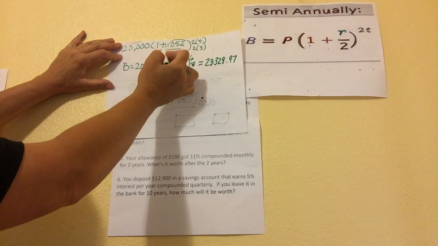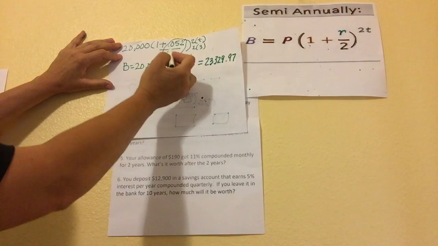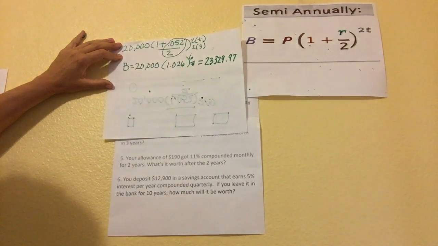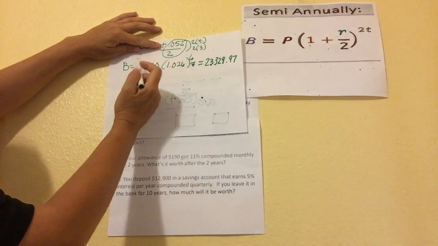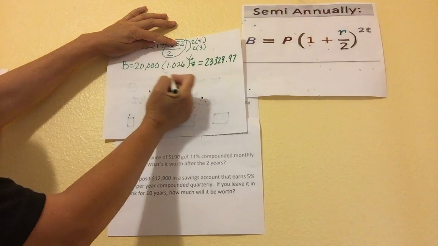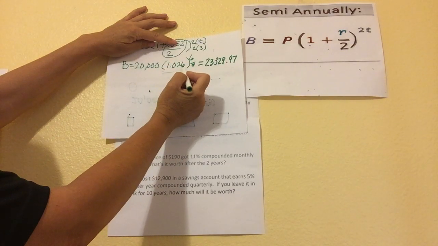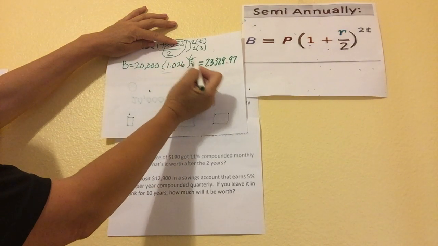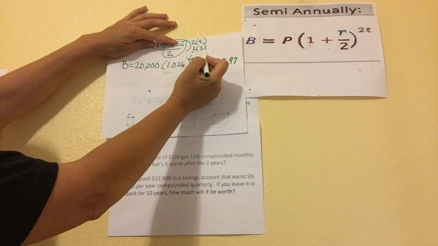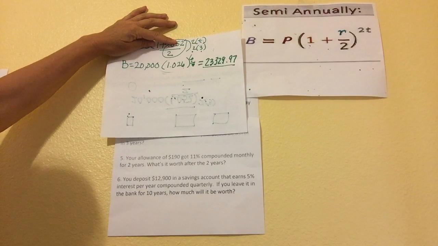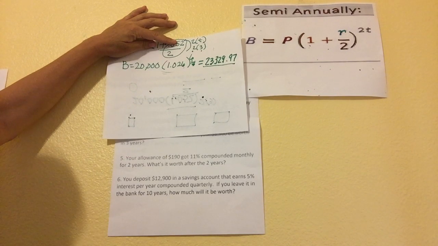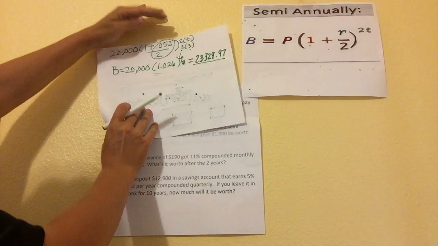And then remember this part goes before adding the 1. Okay, division before addition. So we wrote 20,000, 1.026 to the 6th power, because it's 2 times 3 years, and we received 23,329.97.